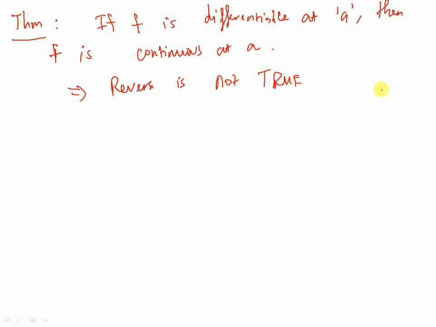And remember, from the previous example, we have f of x equal to the absolute value, and this absolute value has a corner. Now we already discussed that at the point 0 here, the function is not differentiable, right?